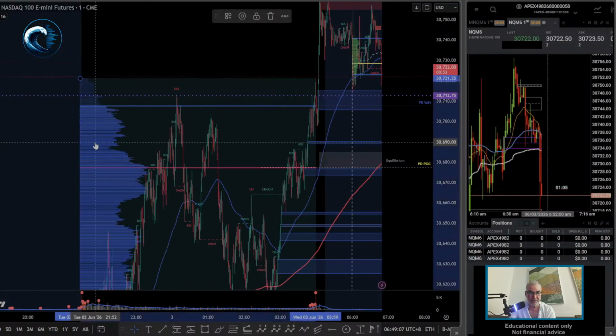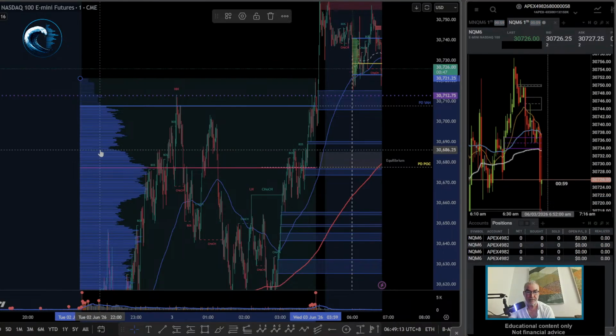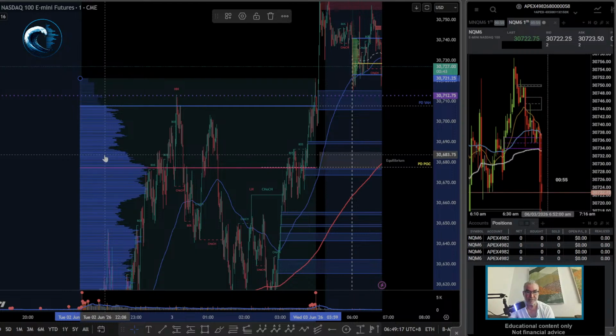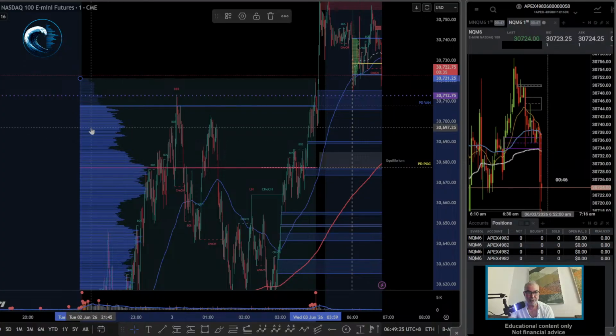Okay, so what I do, for any newbies, I set up based on the volume profiles. I use historical volume profiles for the previous day. So this is the US 9:30 morning, so the New York 9:30 open, which is slightly out.